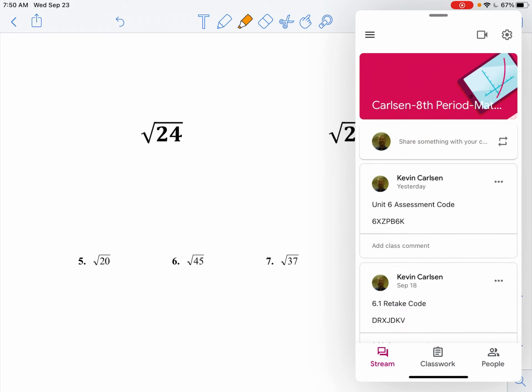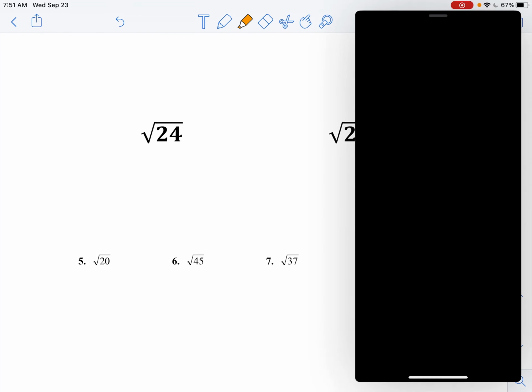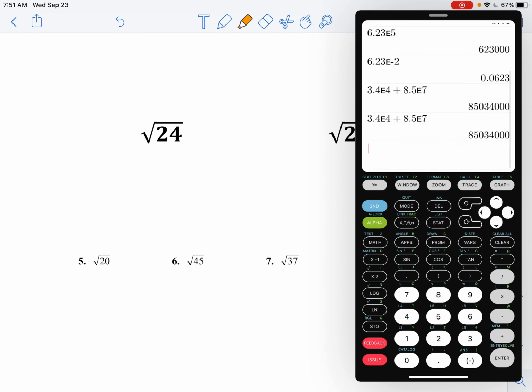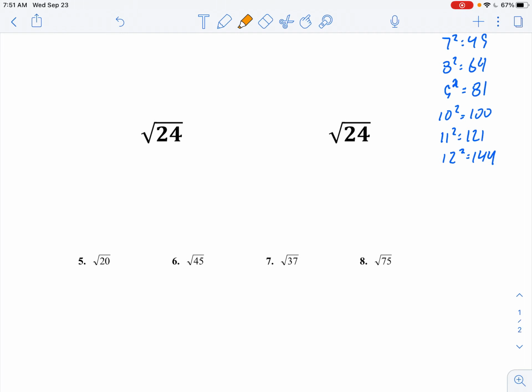We could put it in our calculator and say second square root of 24, and it would give me a decimal answer. That does show me it's between 4 and 5, but closer to 5. But we want an exact answer, not that long decimal. So there's 2 ways to do this. I prefer the second way, but you can use either way you want.